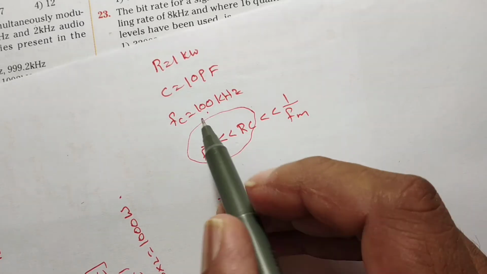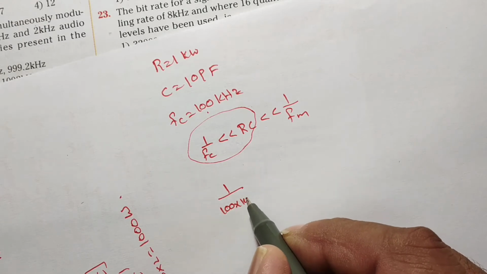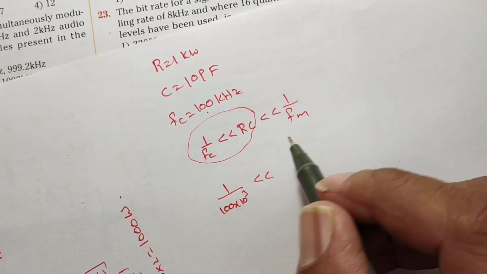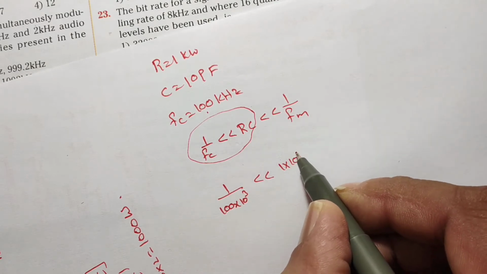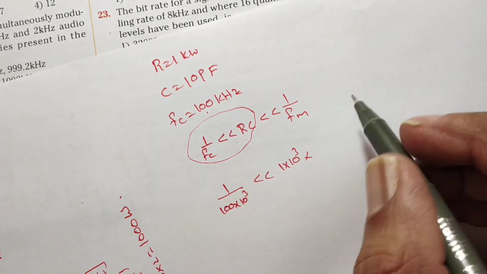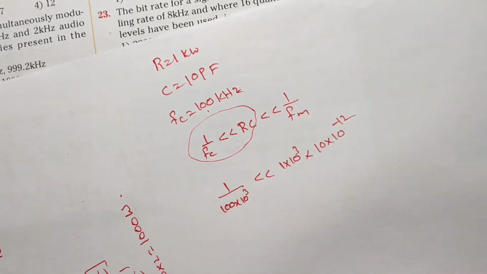1 by FC means 1 by 1000 kilo, which is 10 to the power of 3, less than or equal to R, 1 kilo ohm, 1 into 10 to the power of 3, into 10 pico, which is 10 to the power of minus 12.